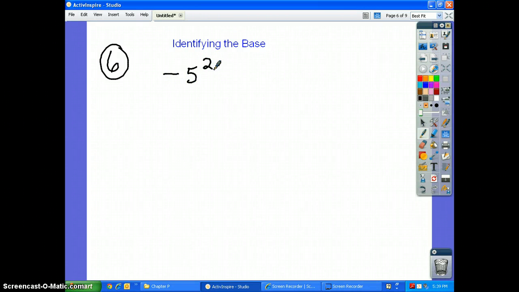Whenever you look at this type of problem, sometimes students get confused and say, well, the base is negative 5. But because this is not in parentheses, this really means negative 1 times 5 squared. And in all actuality, my base happens to be 5. So the correct answer for the base for problem number 6 happens to be 5.